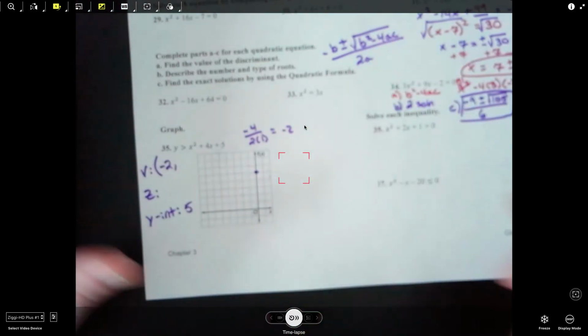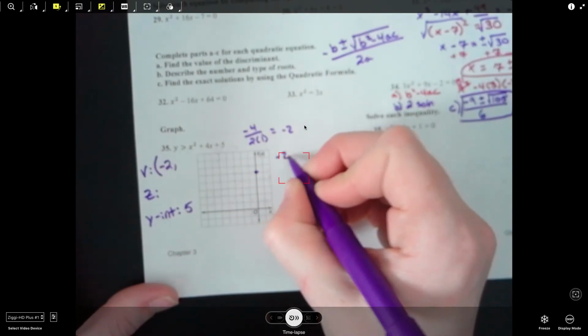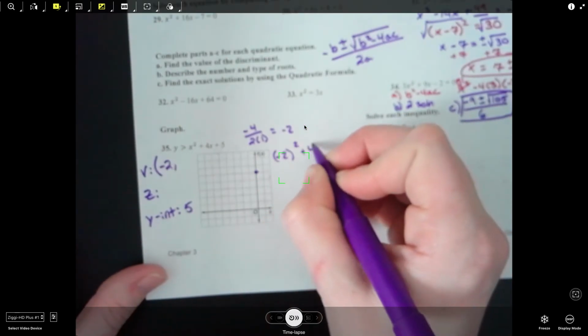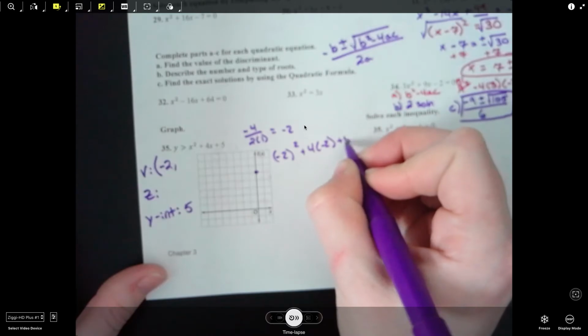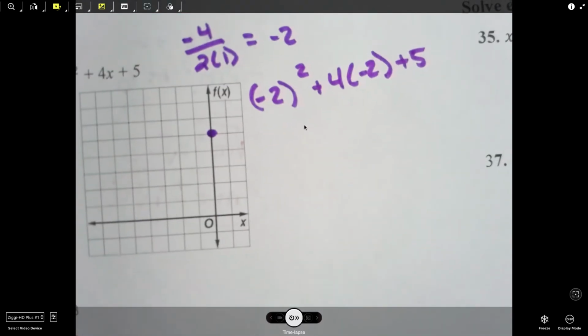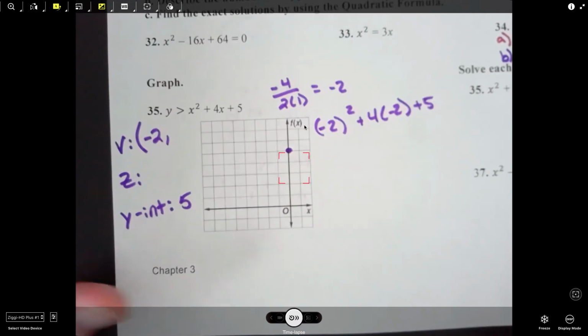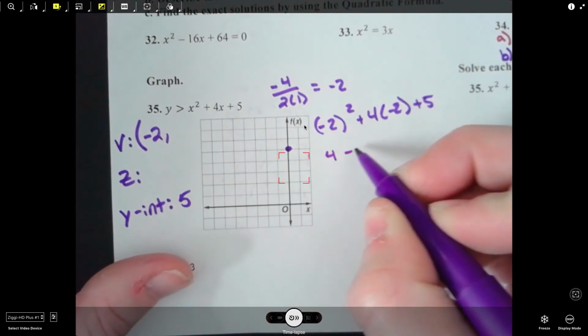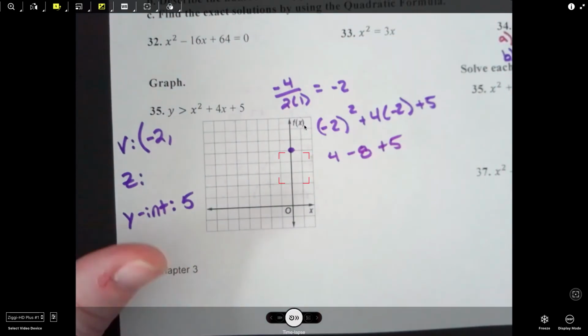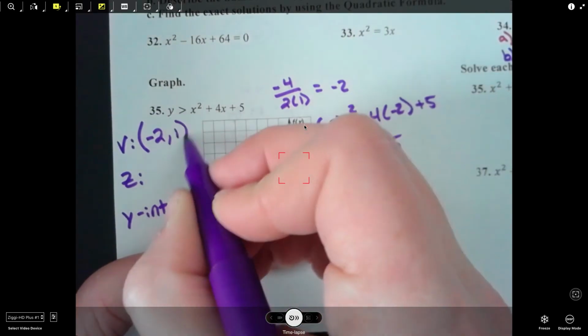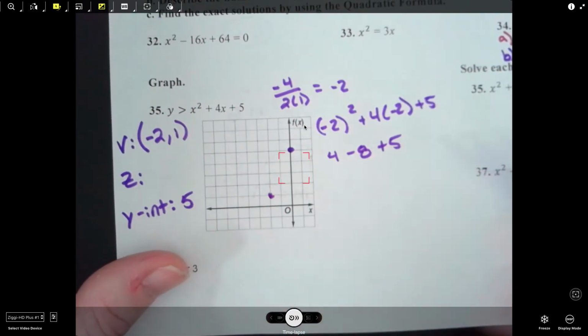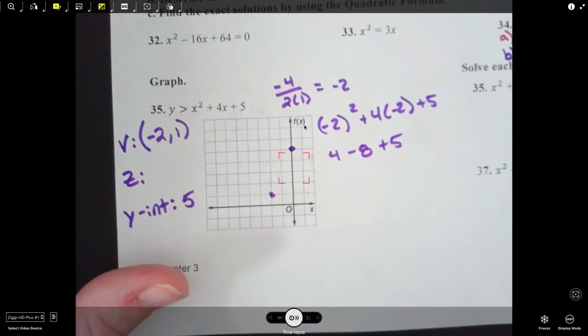And if you plug that back in, negative 2 squared plus 4 times negative 2 plus 5. 4 minus 8 plus 5, 1. Negative 2, 1. Negative 2, comma 1. Okay?